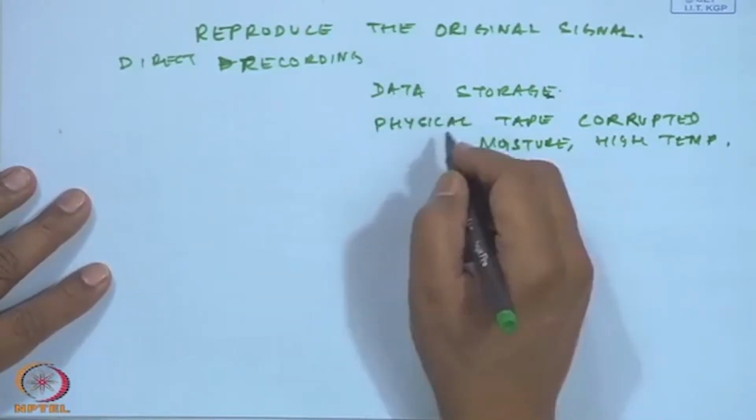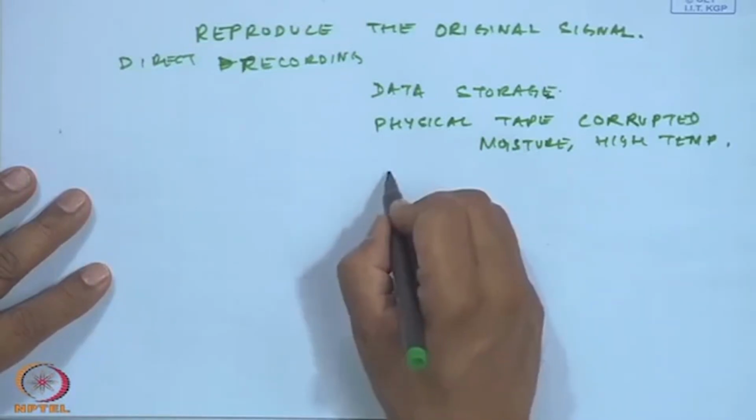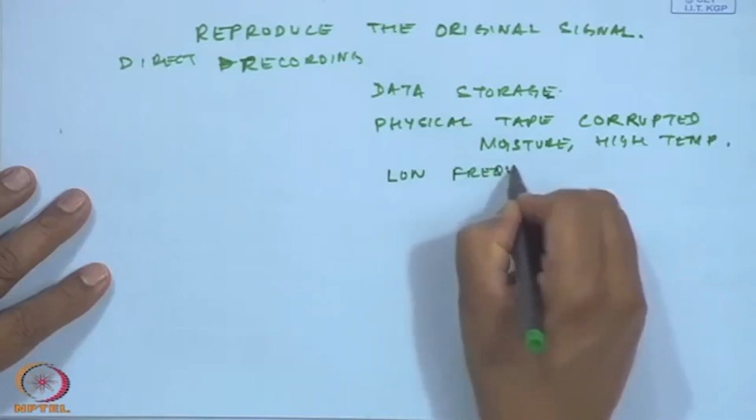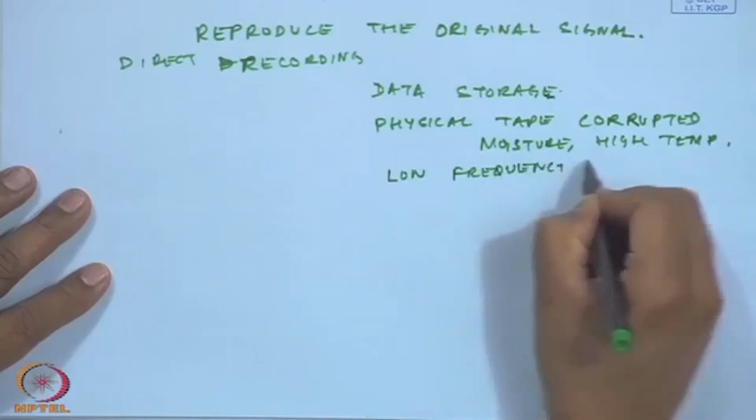And of course, from a signal processing point of view, the major problem is it cannot record the low frequency signal.